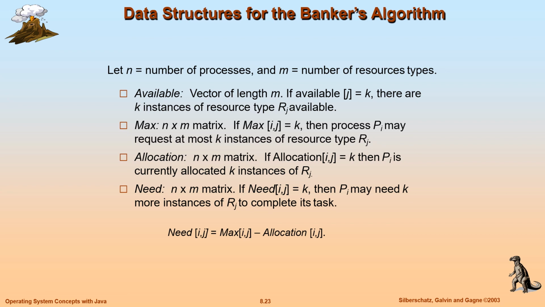If Allocation[i][j] equals k, then Pi is currently allocated k instances of Rj. This is the need matrix, an n by m matrix. If Need[i][j] equals k, then Pi may need k more instances of Rj to complete its task. Need can be calculated as Max minus Allocation, the total need of the resources beyond those presently allocated.